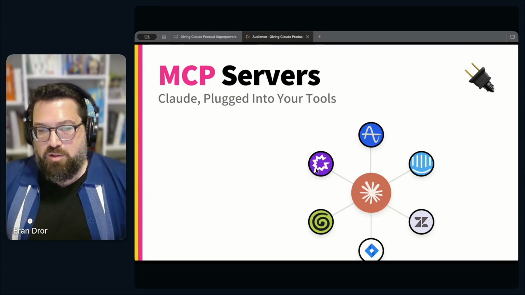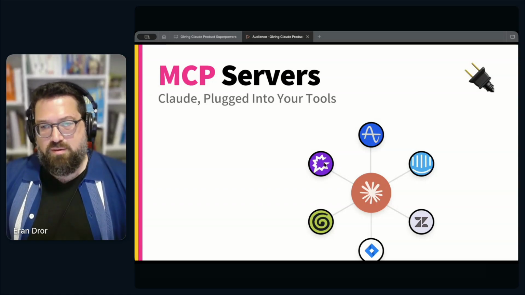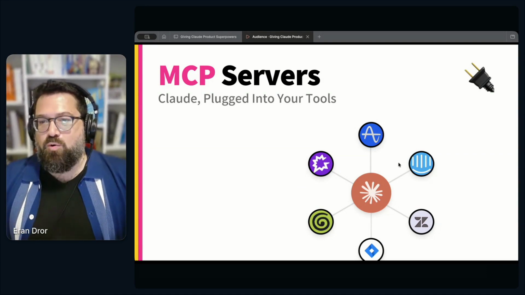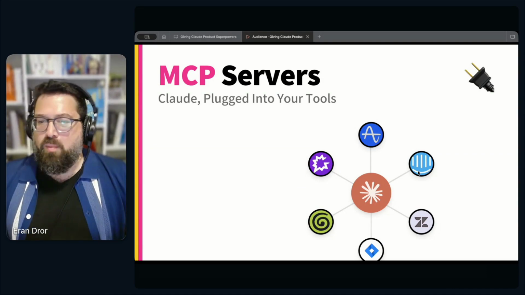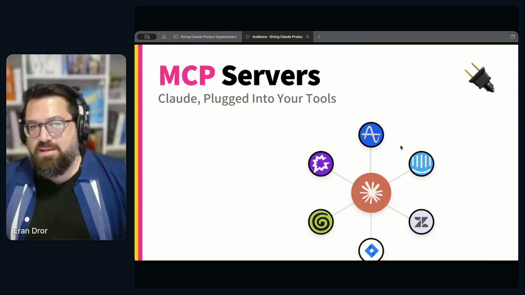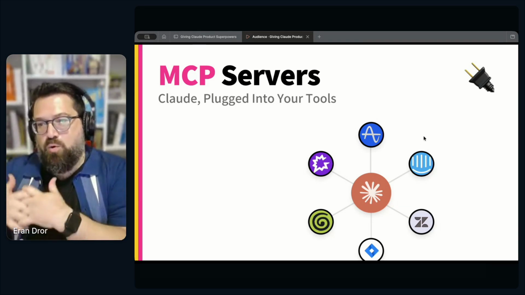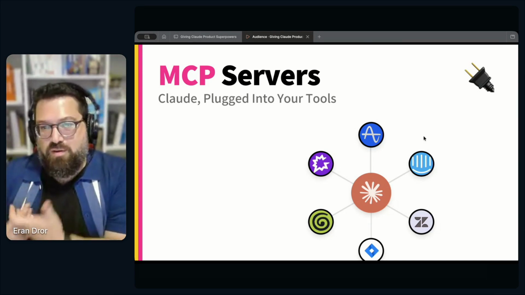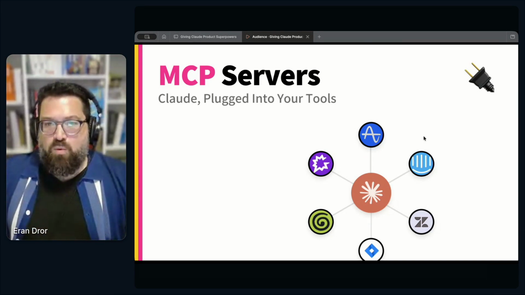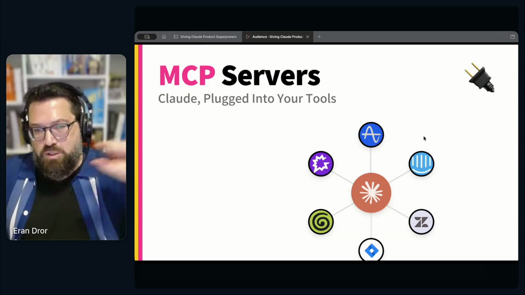So if it lets Claude look at transcripts in Gong and search in Gong, it lets Claude look at Amplitude for analytics or read chats from Intercom or read tickets from Zendesk. These tools, you plug them in through an MCP, or a connector is another thing that some of the agents call it. And once you have the connector, the agent can use that tool.